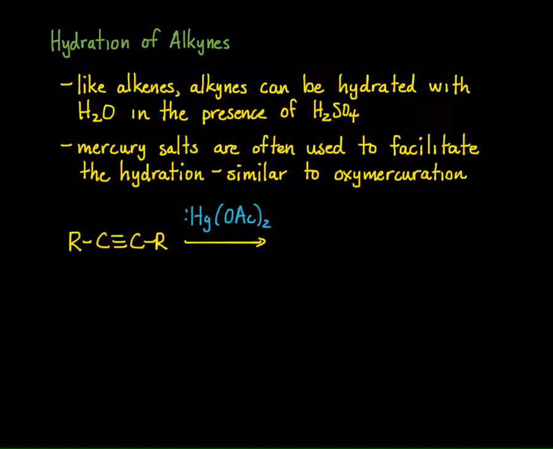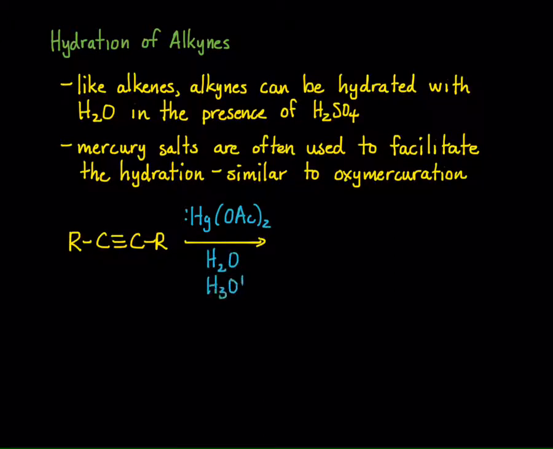Well, the beauty of adding mercury salts to alkynes is that they facilitate the transformation process because you have a mercurinium ion as an intermediate instead of this strange hydrogen hovering above the pi system of the alkyne.